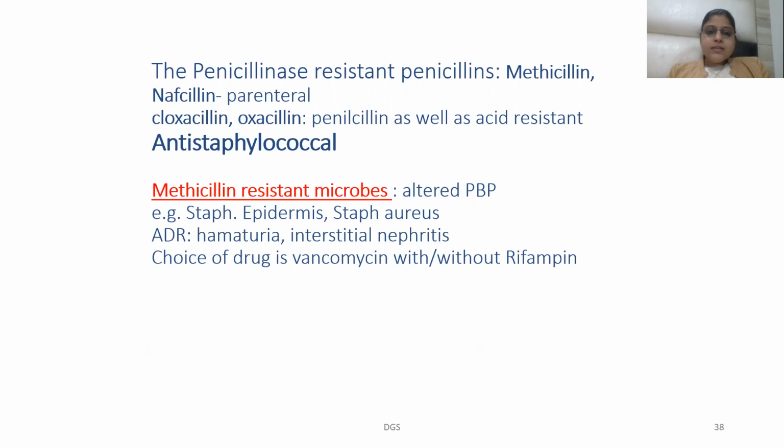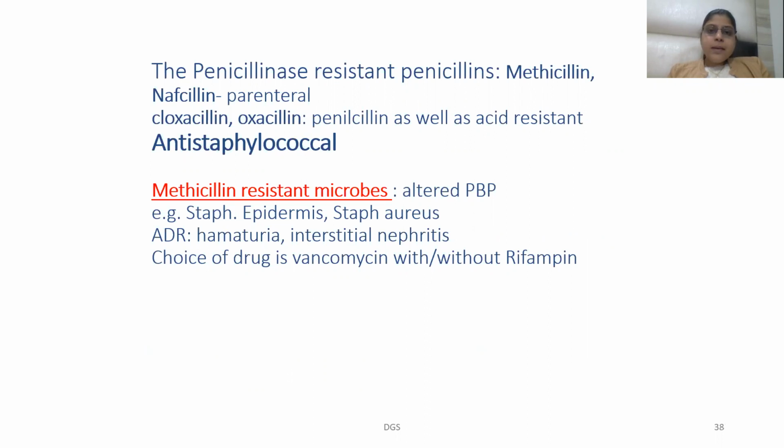These methicillin resistant microbes have altered penicillin binding protein. Examples, Staph epidermidis, Staph aureus. The choice of drug is vancomycin in methicillin resistant Staph aureus infection, with or without rifampicin.